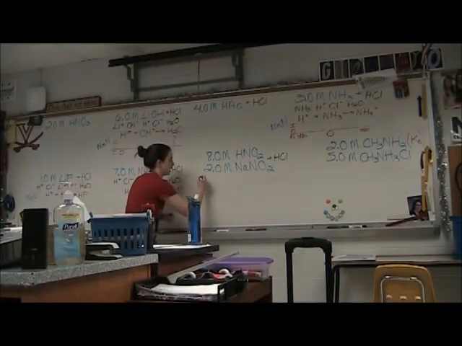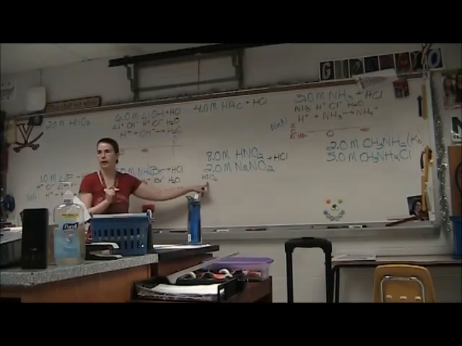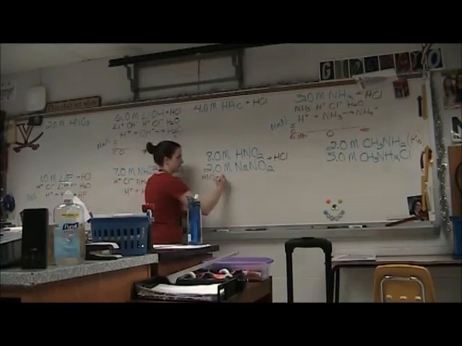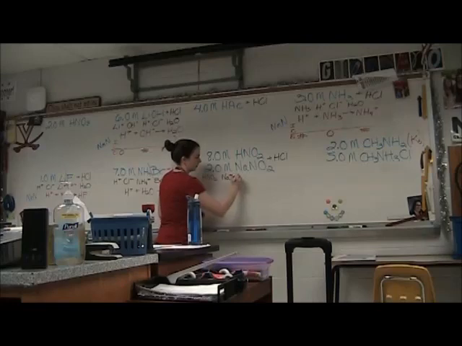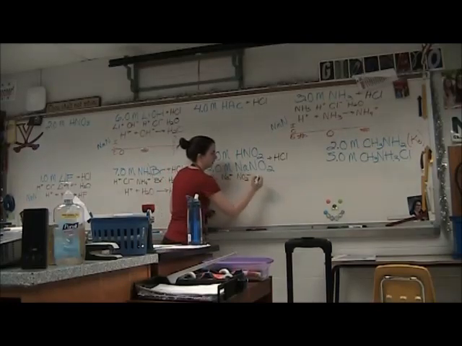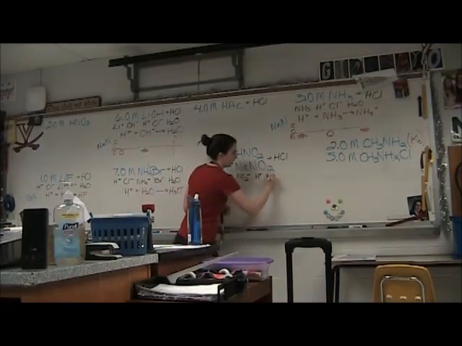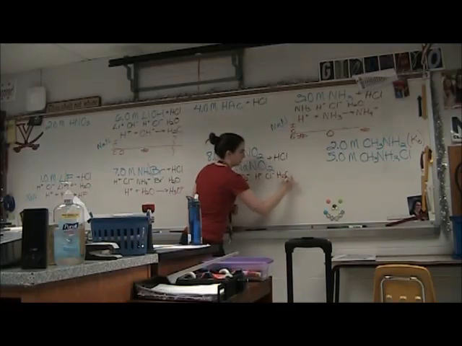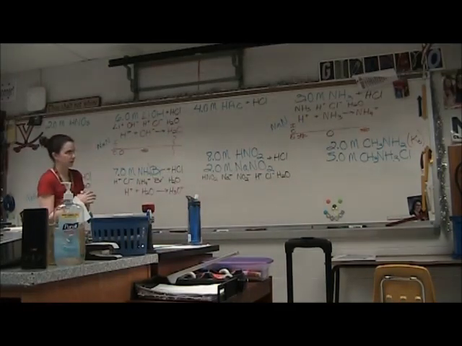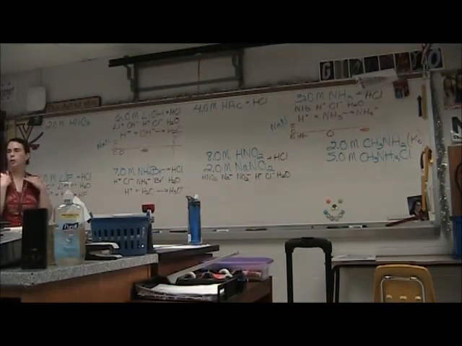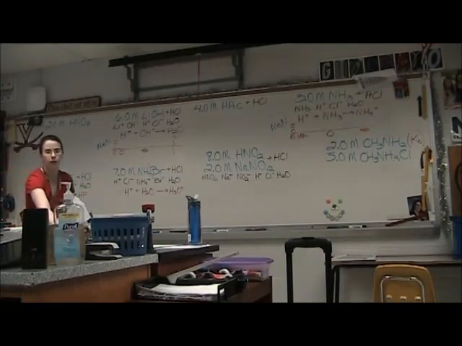Major species. Okay, I've got HNO2. Why am I not splitting that up? Very good. Na plus, NO2 minus, H plus, Cl minus, H2O. All I want you to do is tell me what the reaction will be.